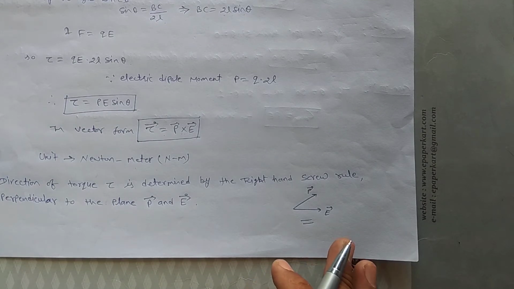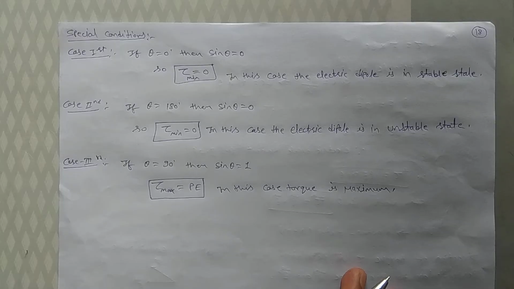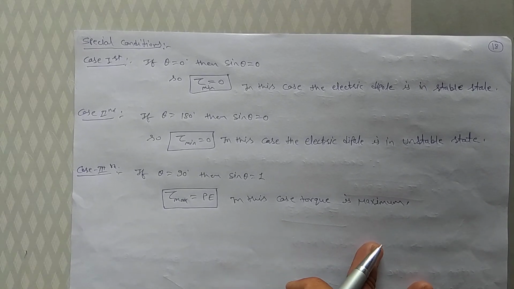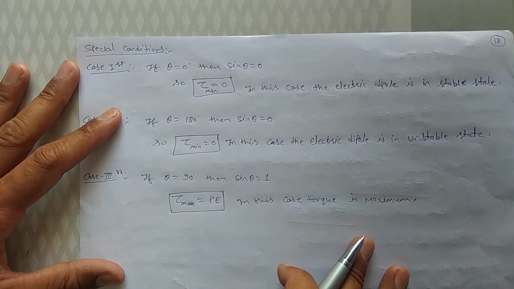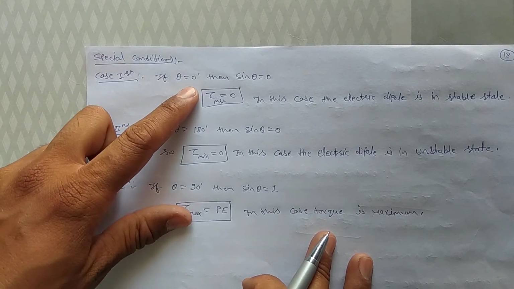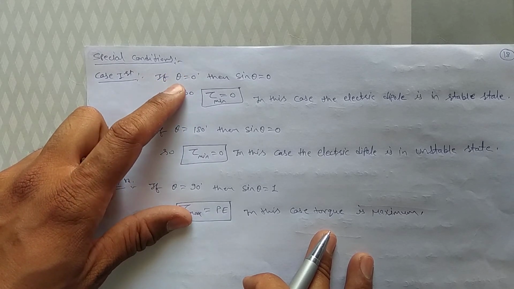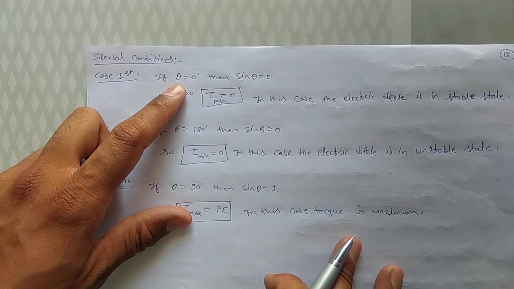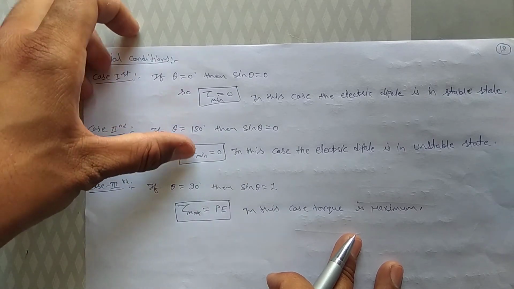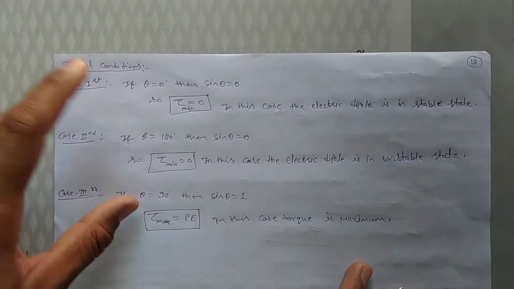Now we discuss some numericals. Before discussing numericals, we discuss some special conditions of this dipole. Case first: if theta is equal to 0, it means the angle between the direction of the dipole and the direction of the electric field is 0. Then sin 0 is equal to 0. So from this formula, tau is equal to PE sin theta, tau is equal to 0.